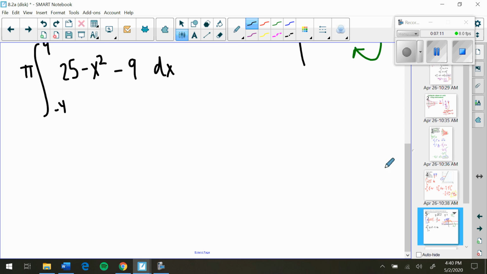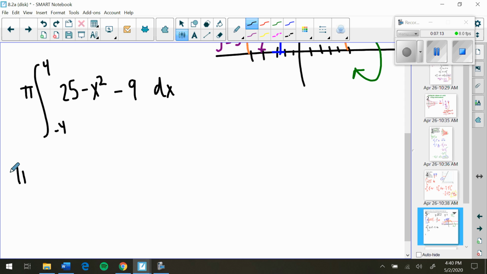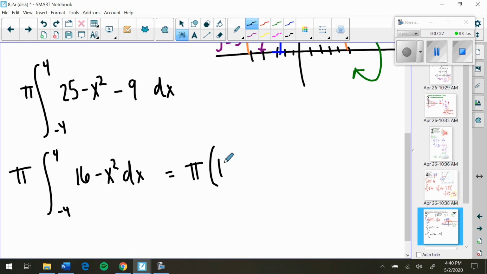If we simplify, which we should, I'm going to get pi times the integral from negative 4 to positive 4 of 25 minus 9, which is 16, minus x squared with respect to x. I still have the pi. The antiderivative of 16 would be 16x. The antiderivative of negative x squared would be negative 1/3 x cubed, or x cubed over 3.